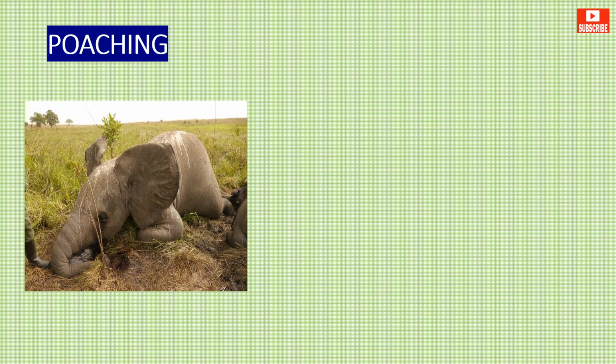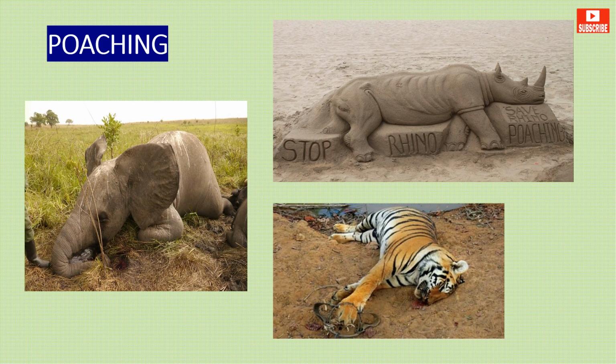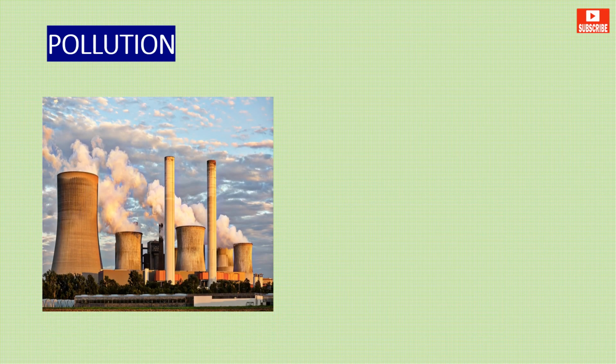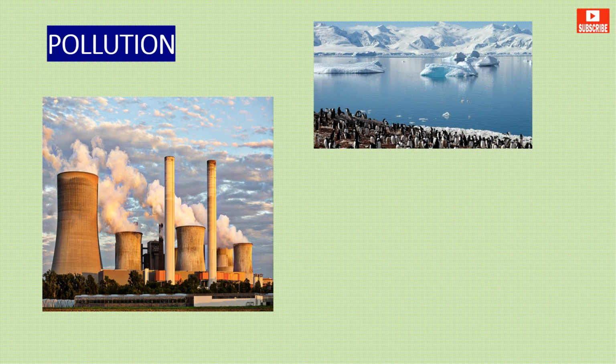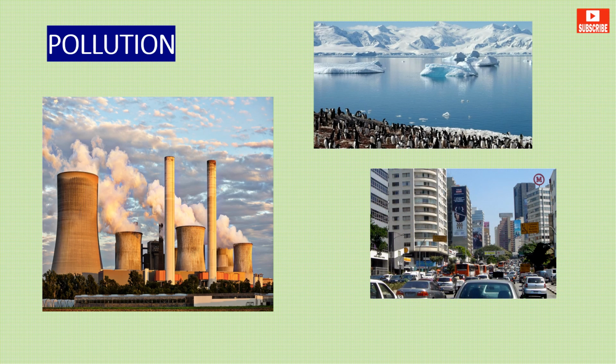Poaching is the illegal hunting of animals. Pollution is contamination or toxic byproducts from factories.